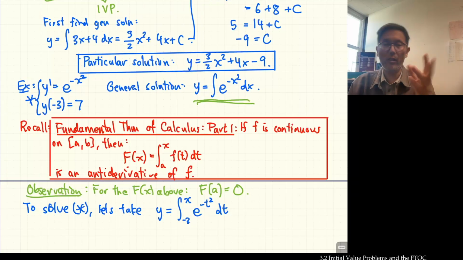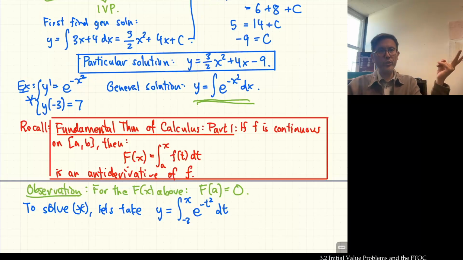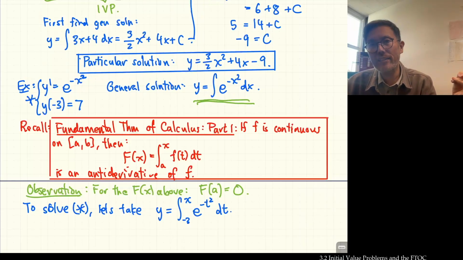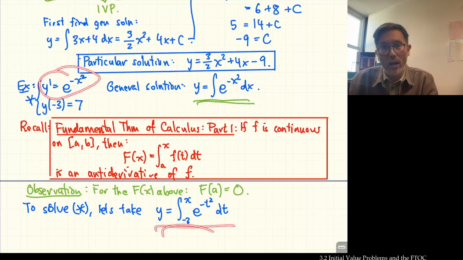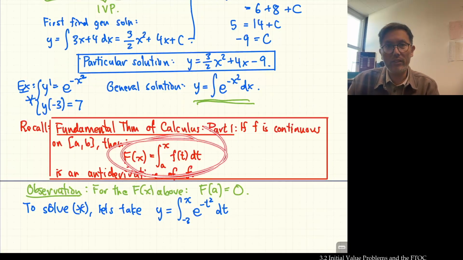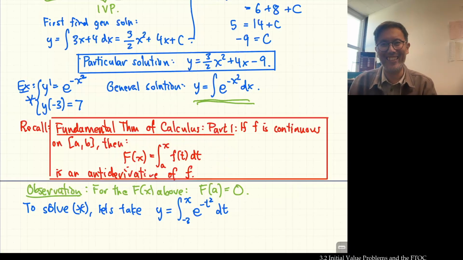Okay? Further, and maybe more importantly, crucially, this is after all an antiderivative of e to the negative x squared. And hence, this, we know, is a solution to this differential equation. This is a solution to this. Why? Because the fundamental theorem of calculus says so. Okay? But it doesn't satisfy, unfortunately, this condition, that y of negative 3 be equal to 7.